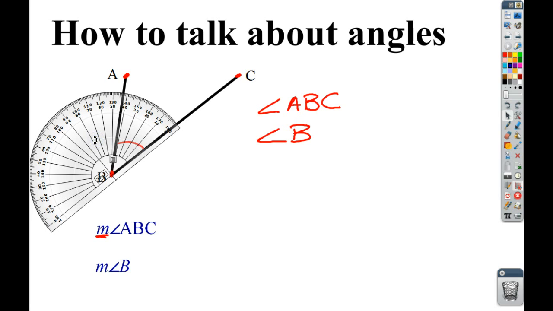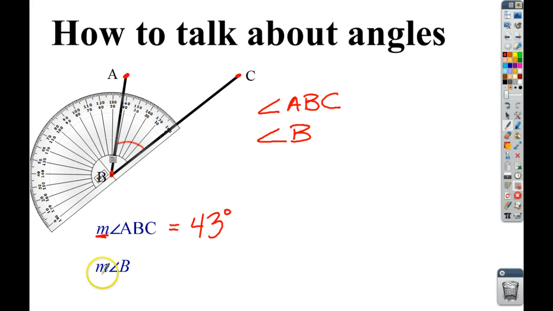All right, so now you'll notice it's either at 180 or 0, and so I'm going to start at 0, and I'm going to count up. So 10, 20, 30, 40, and this looks like it's at about 40, I don't know, about 42 or 43. Okay, so what we can say here is the measure of angle ABC is 43 degrees, okay?